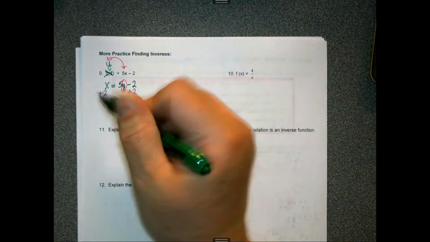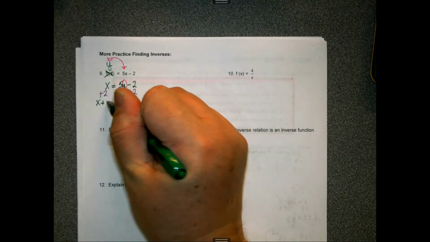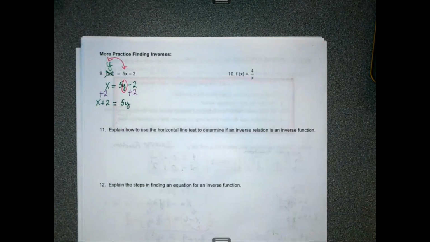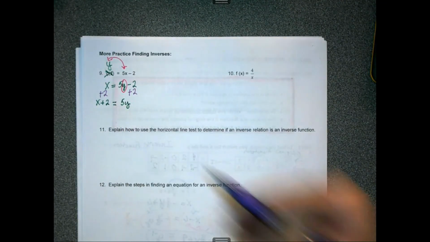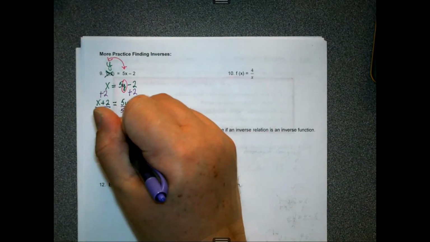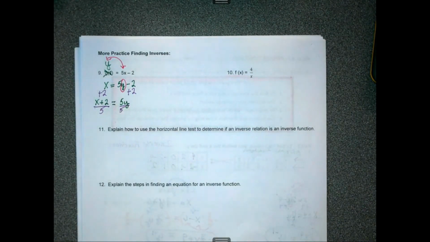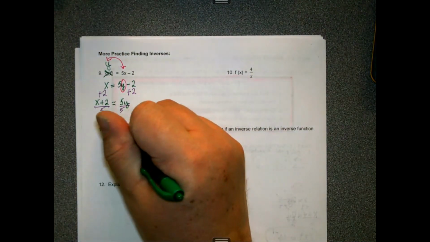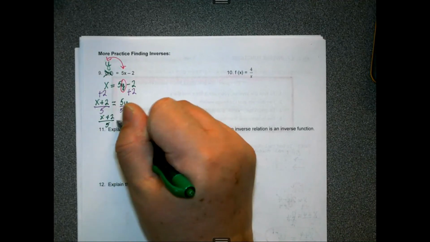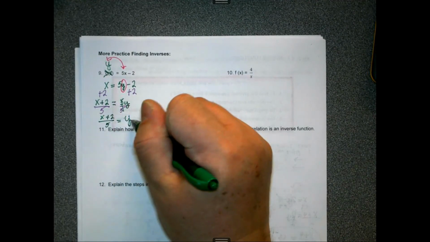So I have x plus 2 equal 5y. Divide by 5. And I get x plus 2 divided by 5 equals my y inverse.